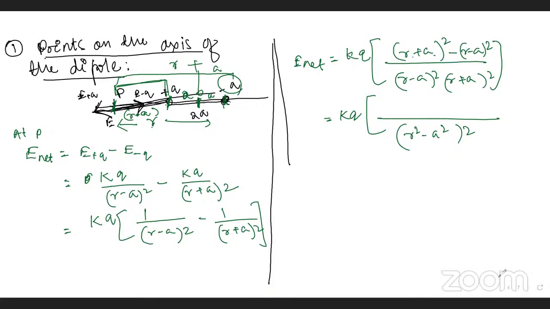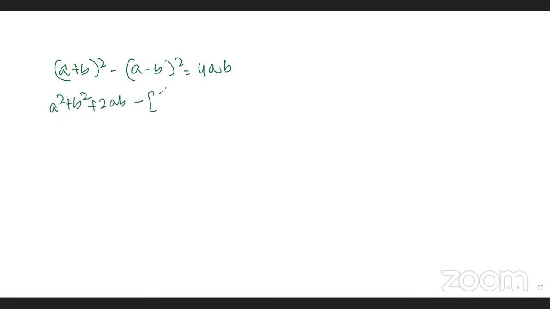You will get 4AB. What is the result of (A plus B) whole square minus (A minus B) whole square? The result is 4AB. How? (A plus B) whole square is A square plus B square plus 2AB, minus, bracket start, (A minus B) whole square, which is A square plus B square minus 2AB.